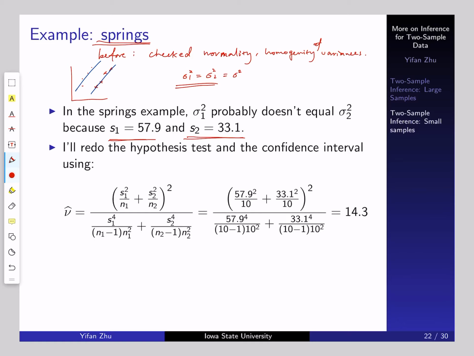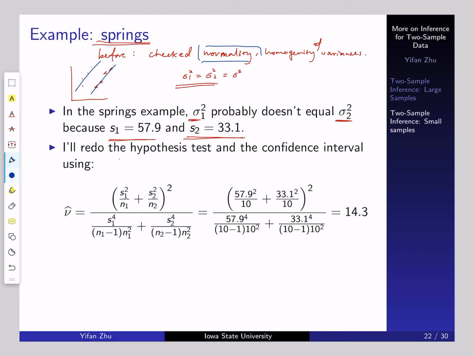Okay, so you can also assume that sigma 1 and sigma 2 are not the same. So that means you relax the assumption and say that sigma 1 and sigma 2 are not necessarily the same. We only need the normality assumption for the data.